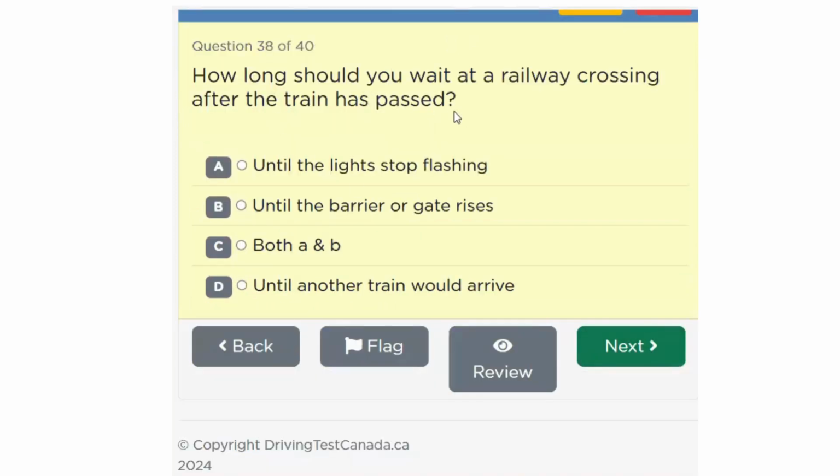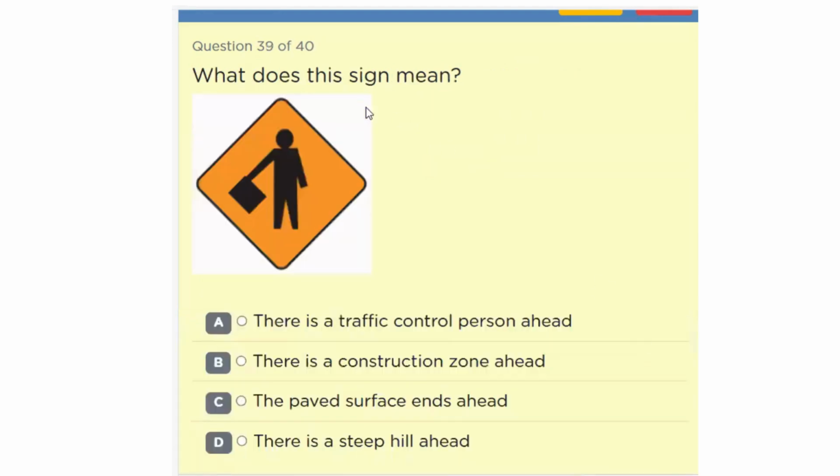How long should you wait at a railway crossing after the train has passed? Both in. What does this sign mean? There's a traffic control person ahead. There's a construction zone ahead.